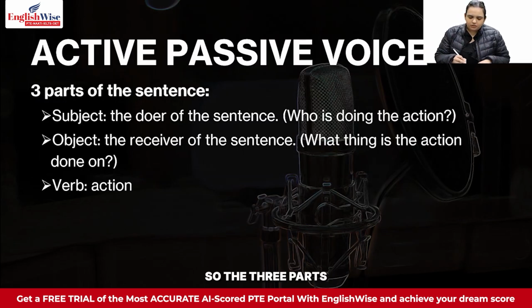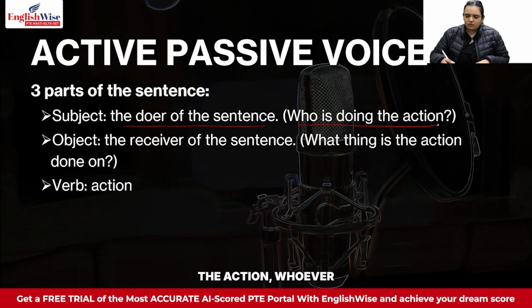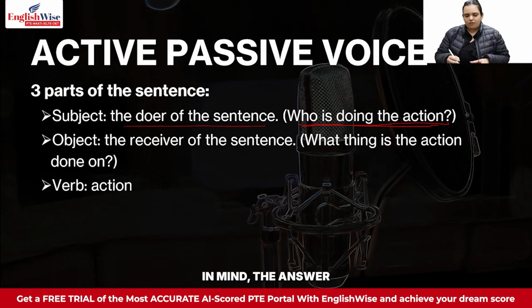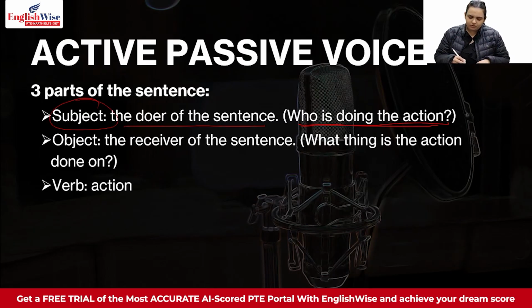So the three parts of the sentence, starting with the subject, I always say that subject is the doer of the sentence. Whoever is doing the work, that is the subject of a sentence, okay? So who is doing the action? Whenever you ask yourself this question, taking the sentence in mind, the answer is the subject.